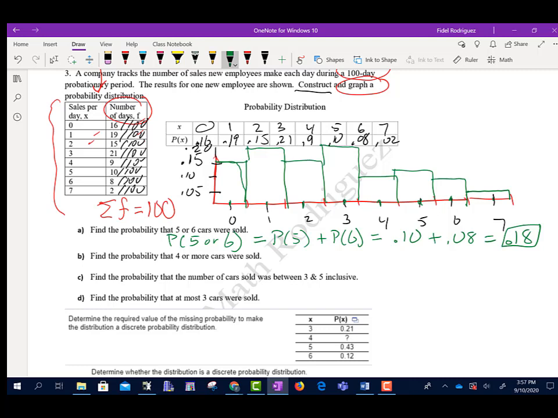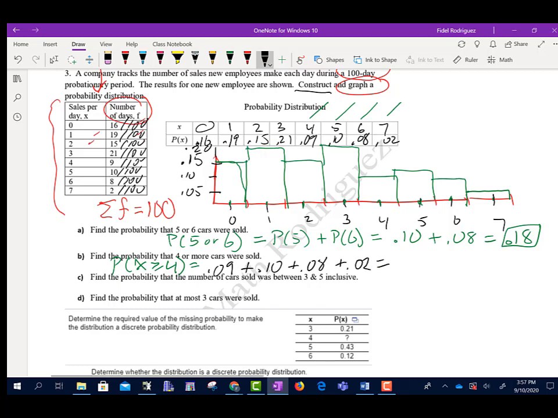Now, part B says, find the probability that 4 or more cars were sold. 4 or more cars would be X is greater than or equal to 4. So I'm going to take 4, 5, 6, and 7, and add those numbers up. Oops, this was a 0.09, I'm sorry. I put 0.9 right here, but that should have been 0.09. So I'm going to take 0.09 plus 0.10 plus 0.08 plus 0.02.